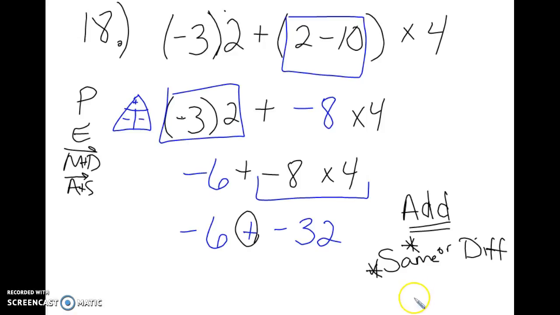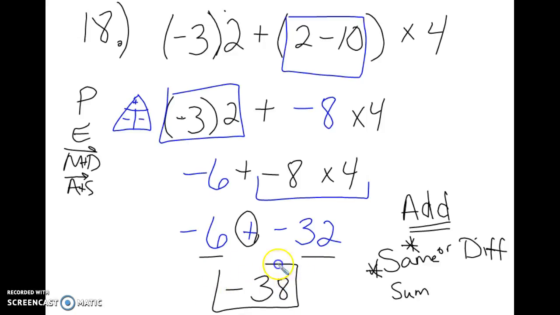We take the sum and the sign. Thank you. So 6 plus 32, 38, and the sign. The answer was negative 38. Questions on 18? All right, let's go to 19.